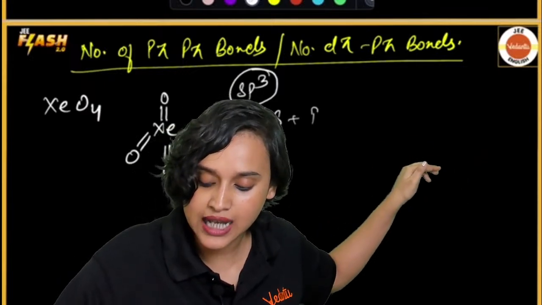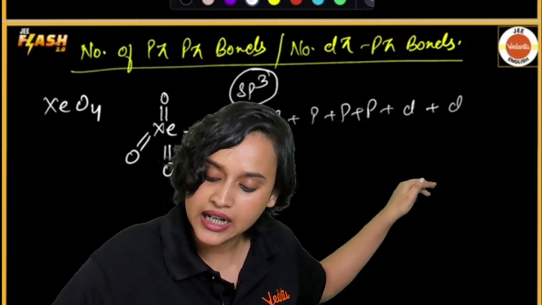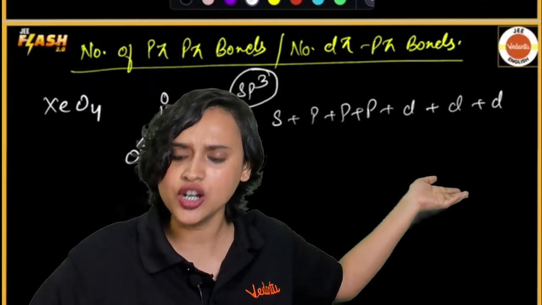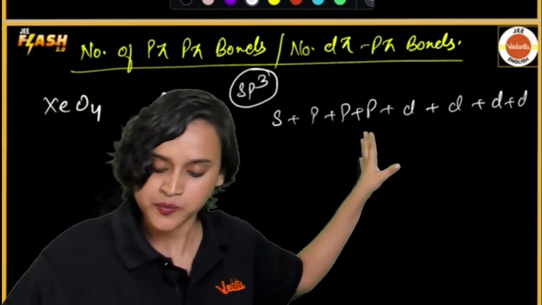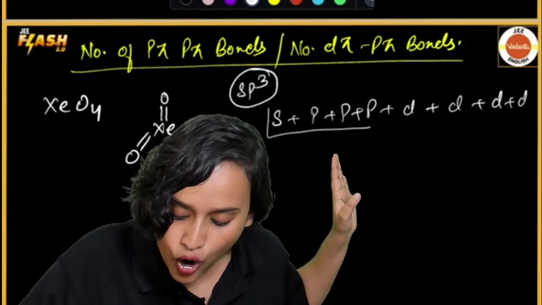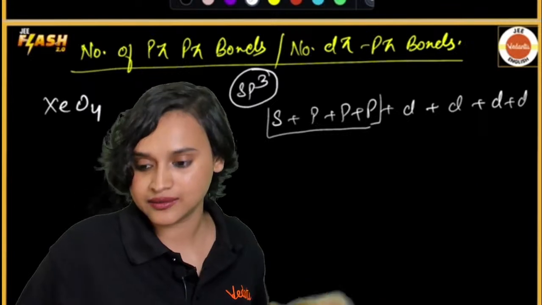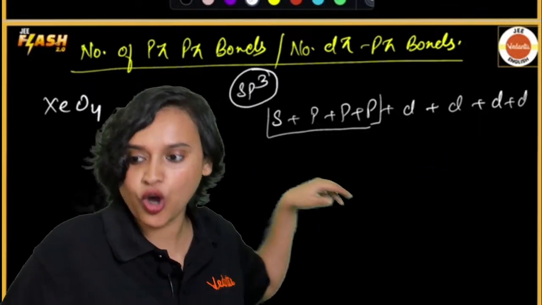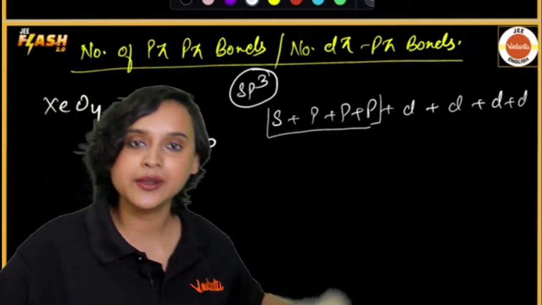Okay, s plus p plus p plus p, and there will be d orbitals as well for xenon, right? Since it is forming 4 bonds, there are 4 d orbitals. So the sp3 orbitals have hybridized.